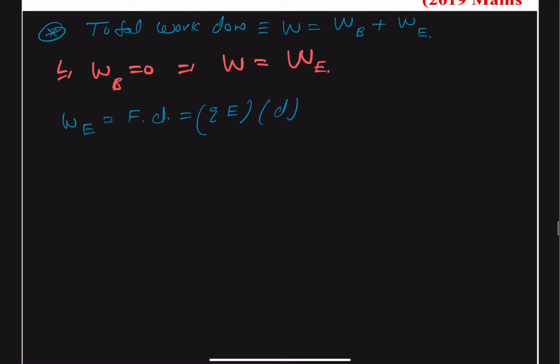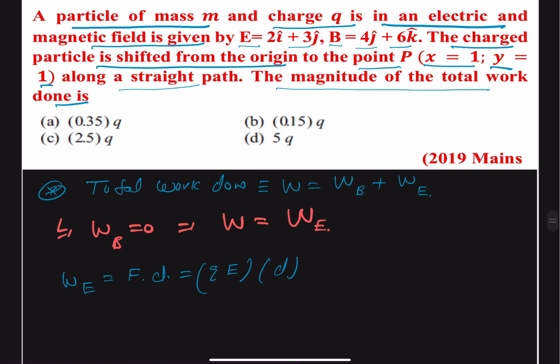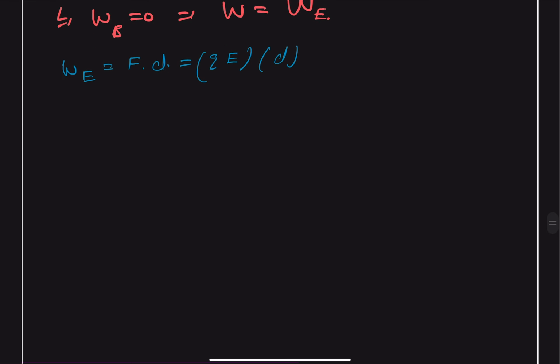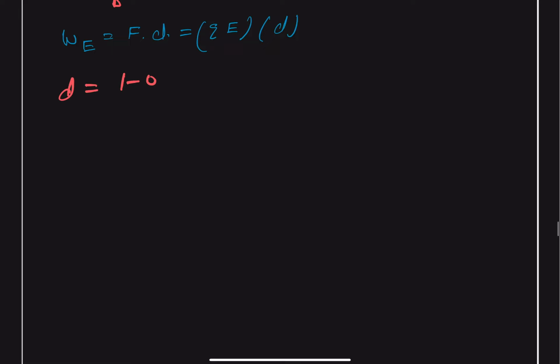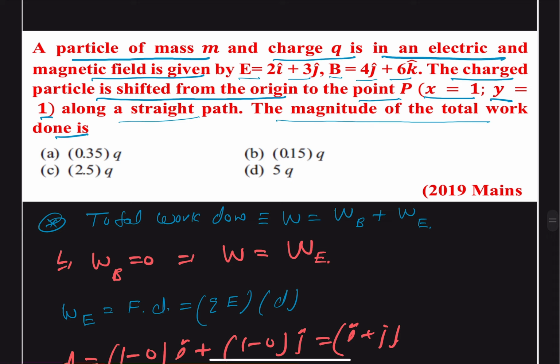And displacement we can easily find out. It is said that it moves from the origin. So we can say that our d is equal to (1 minus 0) i plus (1 minus 0) j. We need not write the k unit vector, so this comes as i plus j. And the electric field is given as 2i plus 3j.